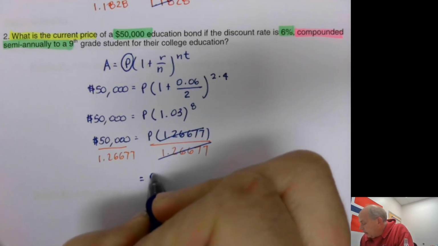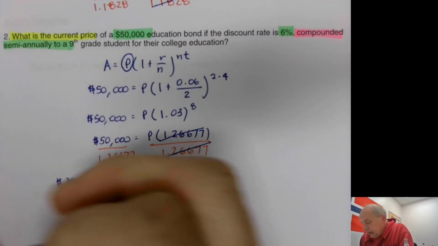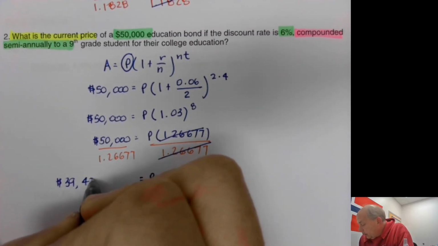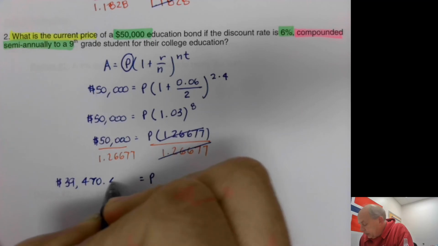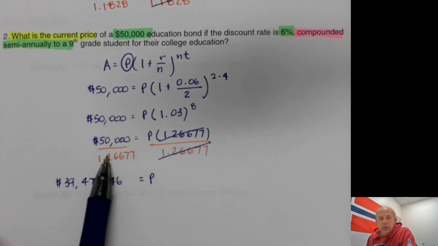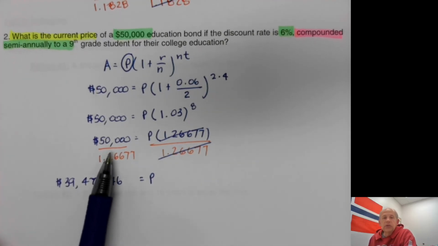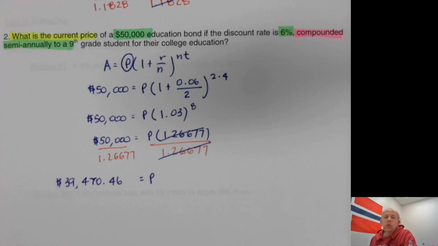And what I have left now is P is $39,470.46. So that's what I'd have to pay today for that ninth grade student. So in 4 years while they're in high school, that bond would increase to $50,000 under these conditions.